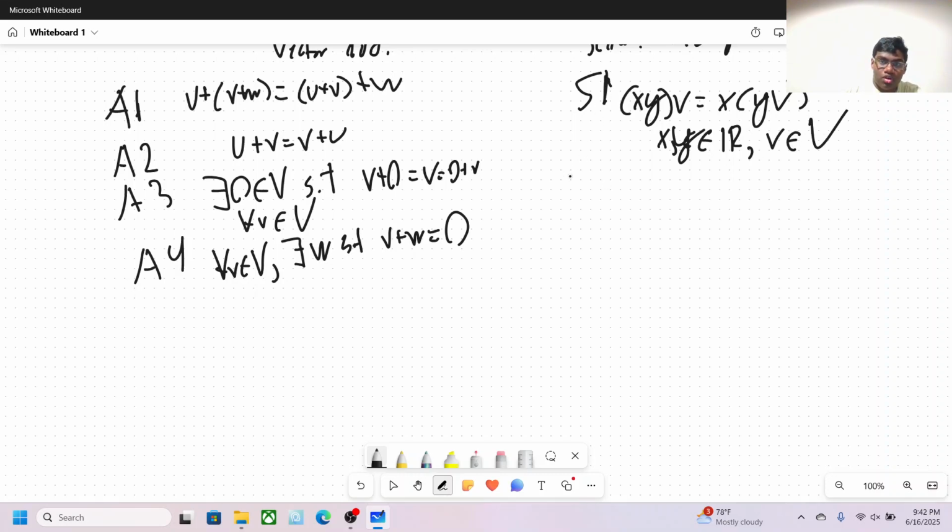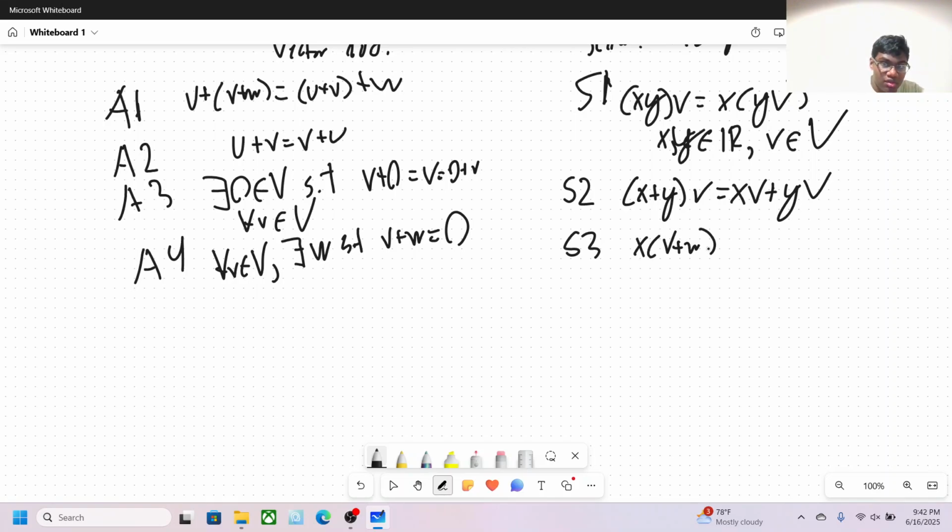So this is going to be S1. S2 is going to say we have distributivity. S3 is going to say we have scalar addition. So X(V plus W).